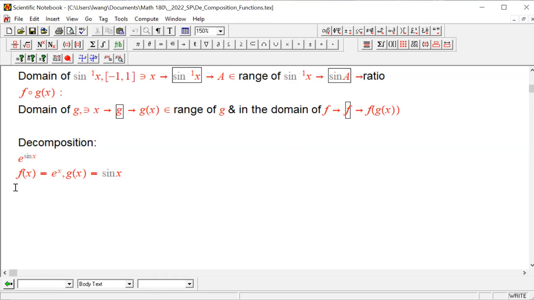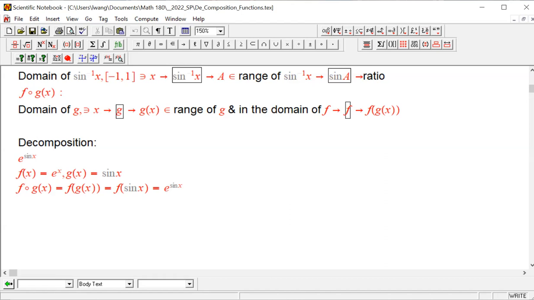Now f composite g of x equals f of g of x, and g is sine, so sine x. Then we apply the rule of f, which ends up being e to the power of sine x. You see that decomposition?